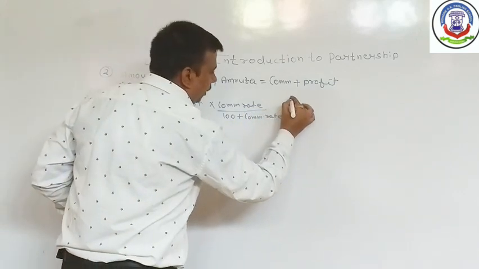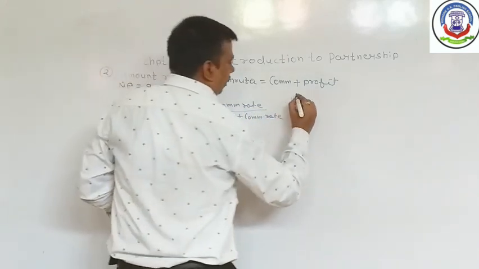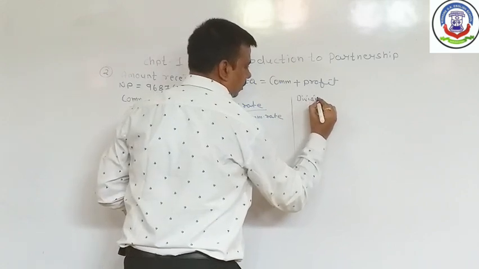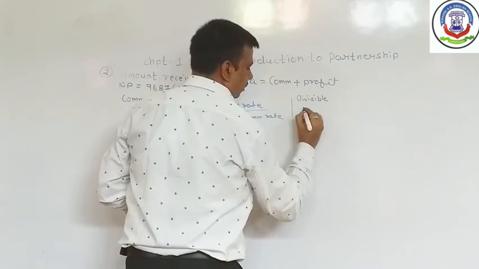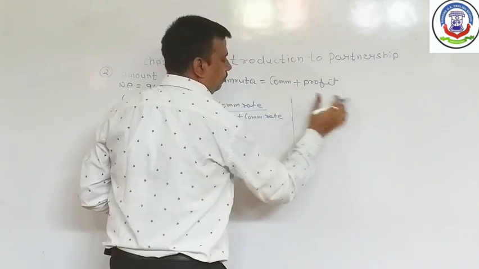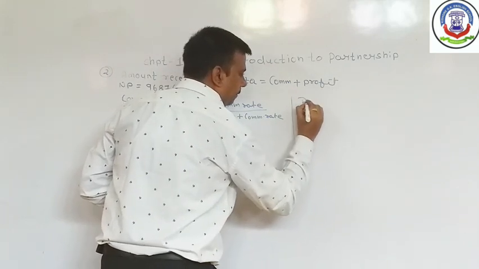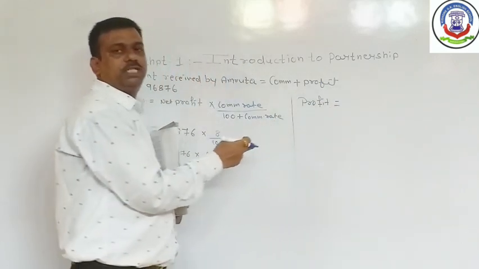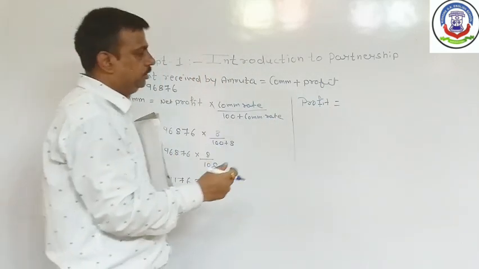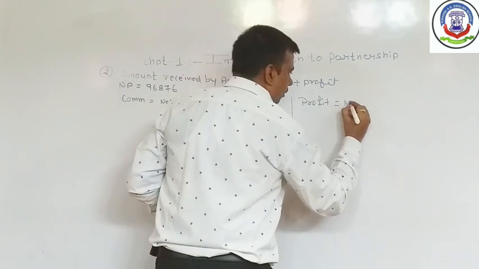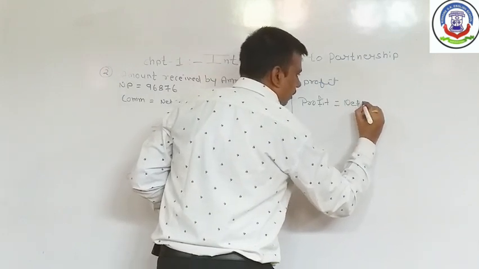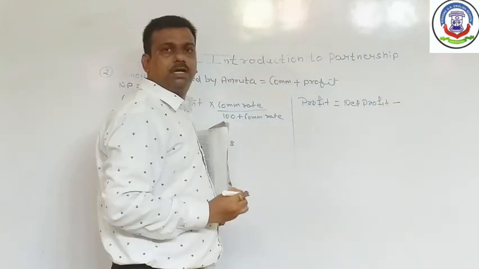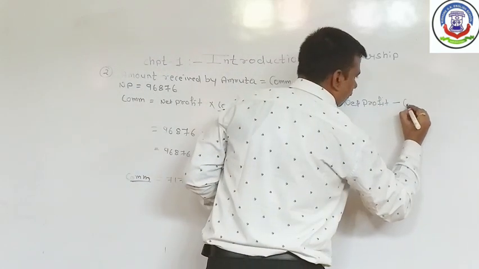Now we are going to find out the divisible profit, or in short, simply profit. This profit will be known as the divisible profit of the partners. For this, net profit minus commission.